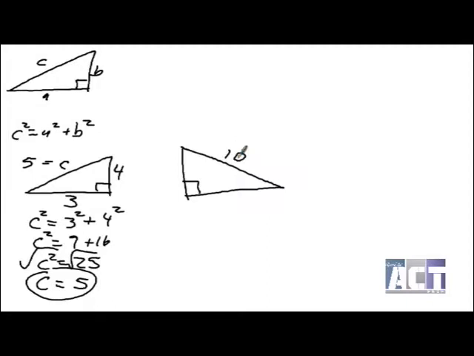And I'm going to give the base 6. So you have to realize you have C now. So using the Pythagorean theorem, you can write C squared, 10 squared, equals 6 squared plus, oh, we don't have this height, we'll call that B for right now. So that'll be plus B squared.